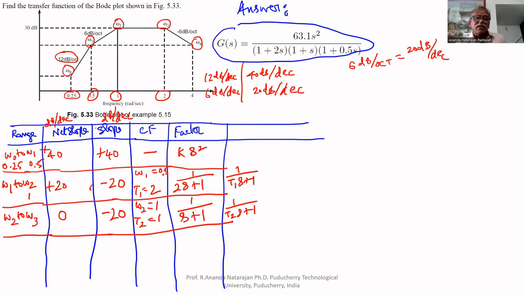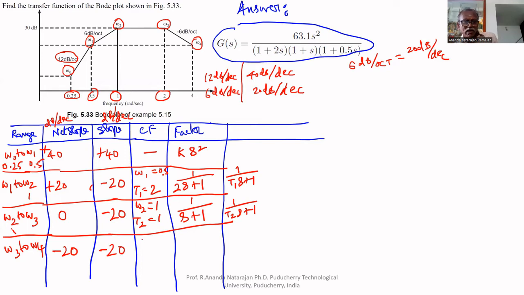So next range is omega 3 to omega 4. Here it reduced by 6 dB per octave, that is minus 20 dB per decade. Therefore, the net slope becomes minus 20. 0 becoming minus 20 means the contribution is minus 20.